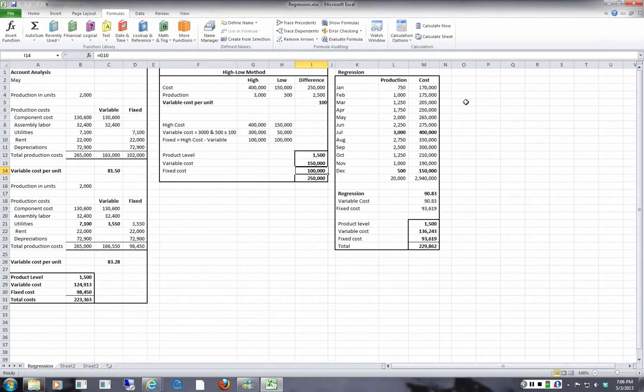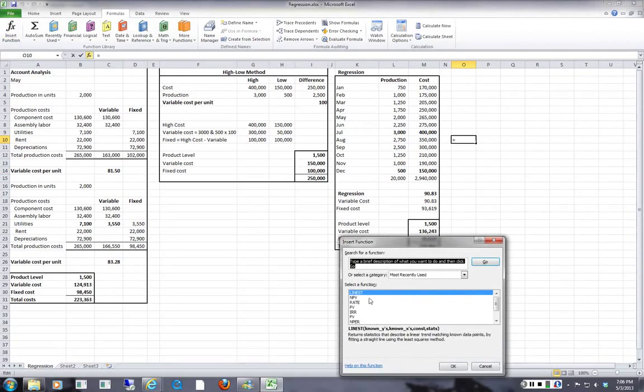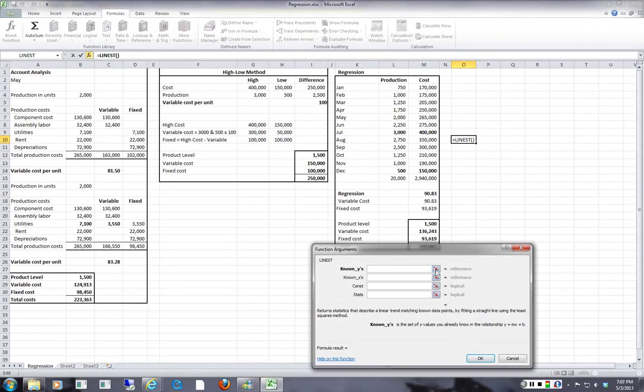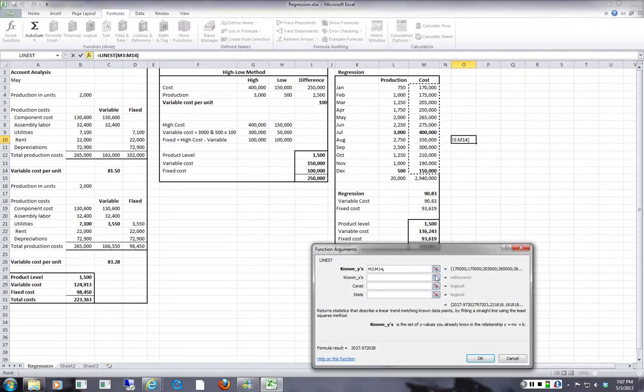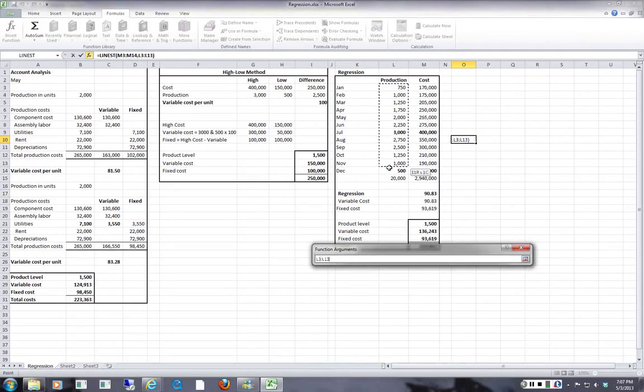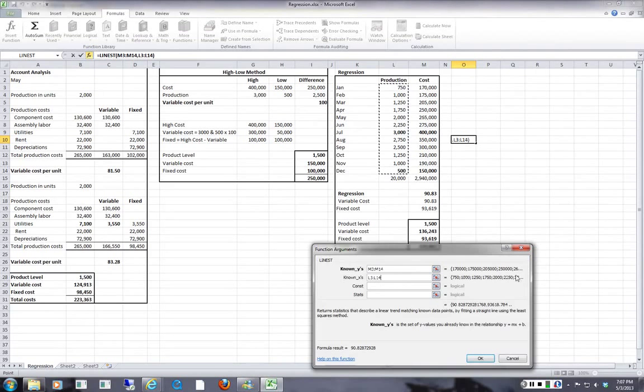Now, the way to really do it is to take these production numbers and these costs, and we come up with a regression analysis. It's in the Excel spreadsheet. It's LINEST. What it says is, okay, we take the known y's and plunk them in here. Then we take the known x's in the x column, and we plunk those numbers there, and we come up with a variable cost, if you can see it here, of $90.83.